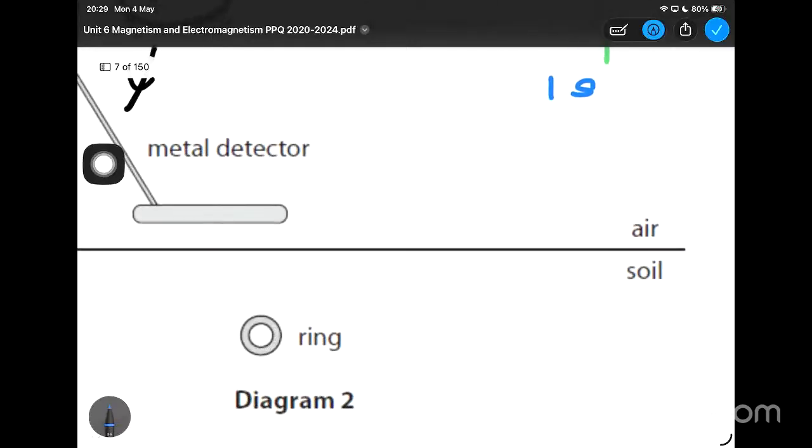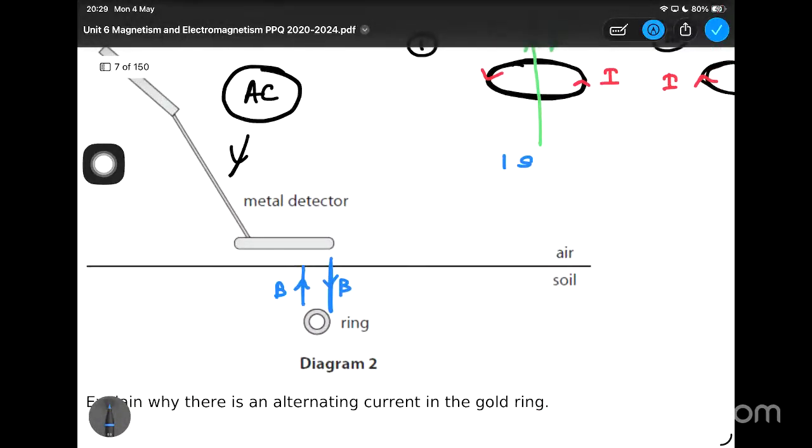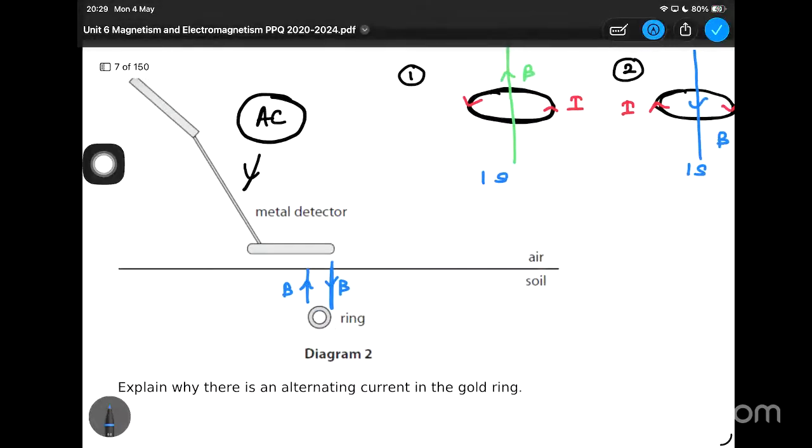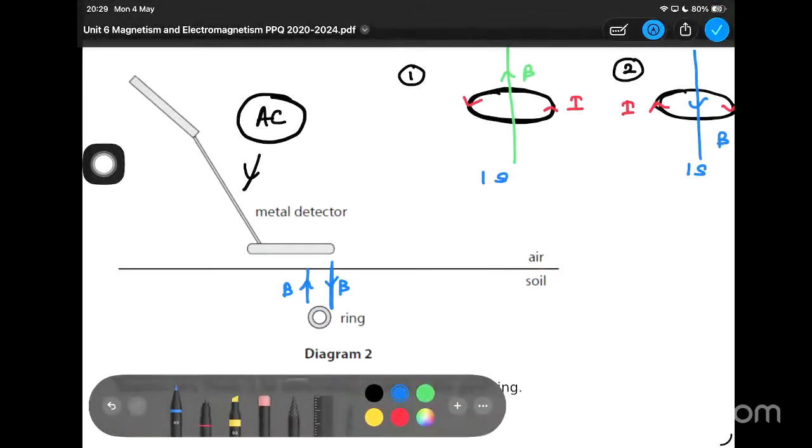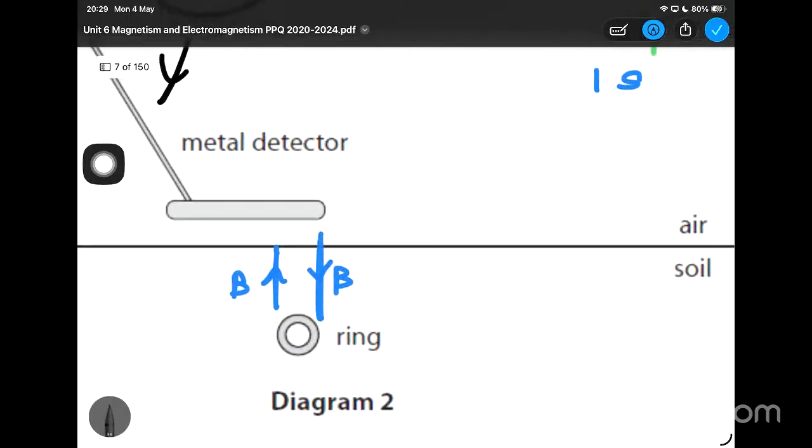So this gold ring will be experiencing a magnetic field first in this direction, and in the next second in this direction. Did you get that point? Yes, sir. Good. So here you can see a change of magnetic field direction. Therefore, this ring will be experiencing two different magnetic fields.